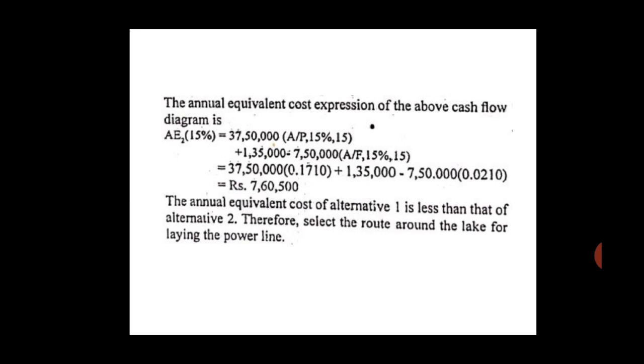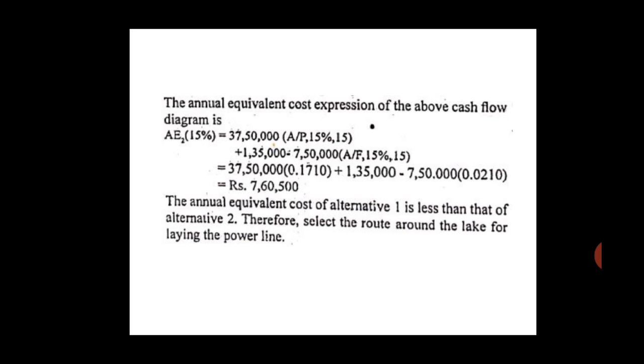So the annual equivalent cost expression here at 15% interest rate is 37,50,000 rupees (A/P, 15%, 15 years) plus 1,35,000 minus the scrap value, that is 7,50,000 rupees (A/F, 15%, 15 years).